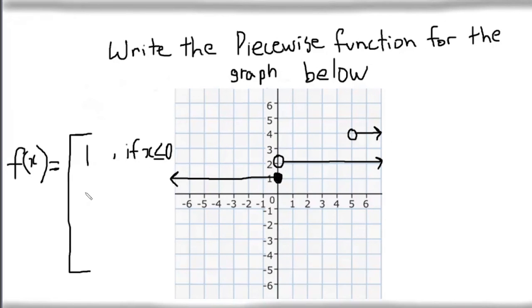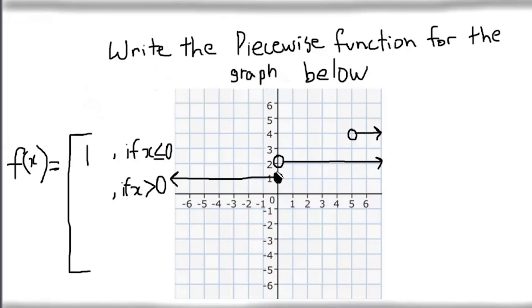Now our next thing would be this 2. So again, I'm going to start with my interval, my piece of the function. If x is greater than 0, right? Because it's not greater than or equal to, it's just greater than.